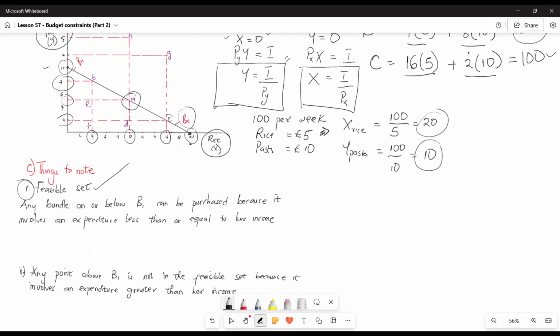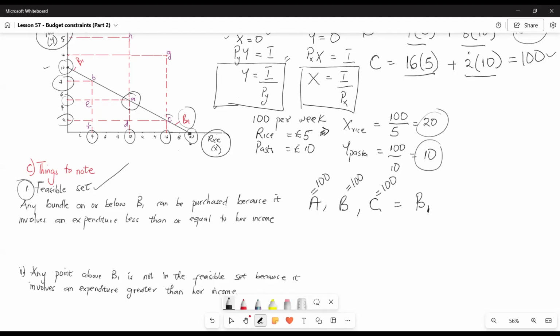The first example is bundles A, B, and C. We can see that these lie on the budget line B1. These can be purchased because, given Ella's income and the prices of the goods, if Ella buys bundle A, she will exhaust all her income, which is 100, and bundle B will also exhaust her income, and bundle C will also exhaust her income.